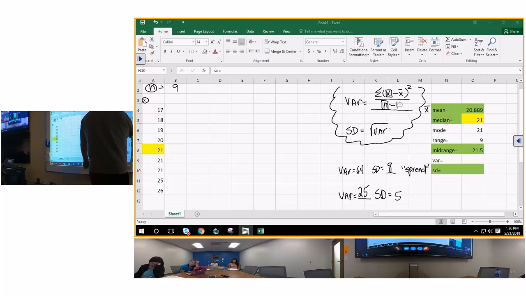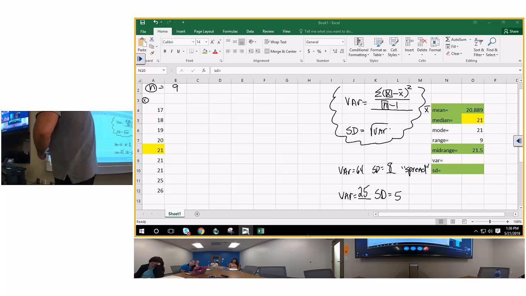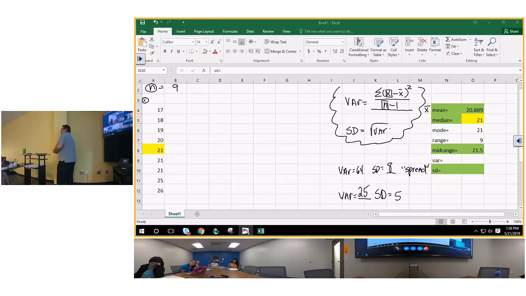So what do I need to do with X and X bar first? I've got to subtract my X bar from every one of my X's. Now, the calculator will do this, and I'll show you how, but we're going to do it by hand. So the next column beside X is going to be X minus X bar.